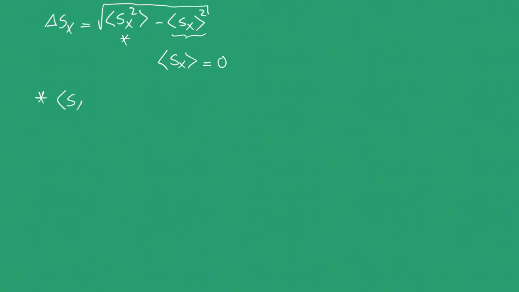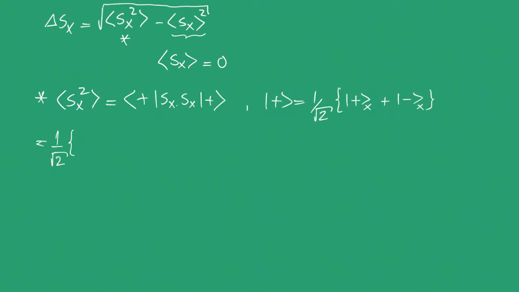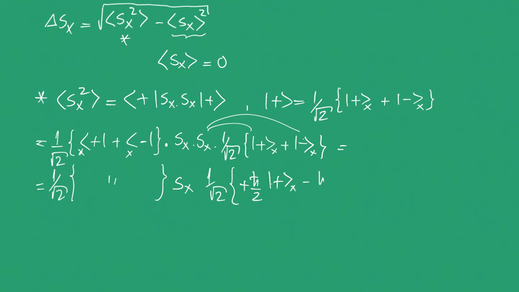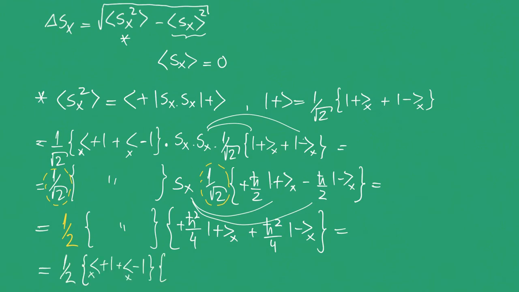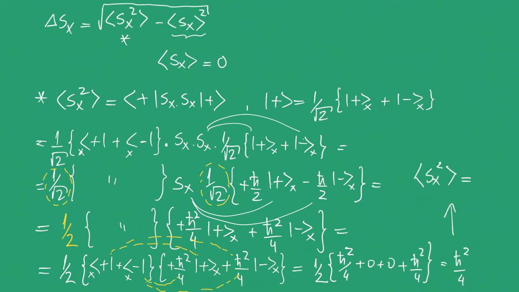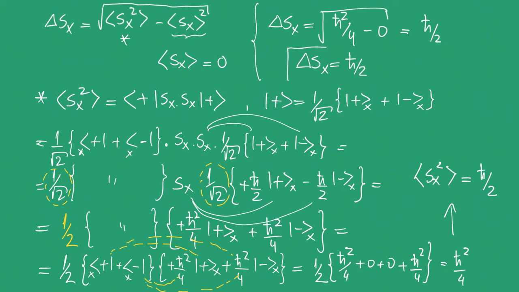I'll do it in a faster way. This result again makes sense because each measurement deviates from the expectation value 0 by the same value of h bar over 2.